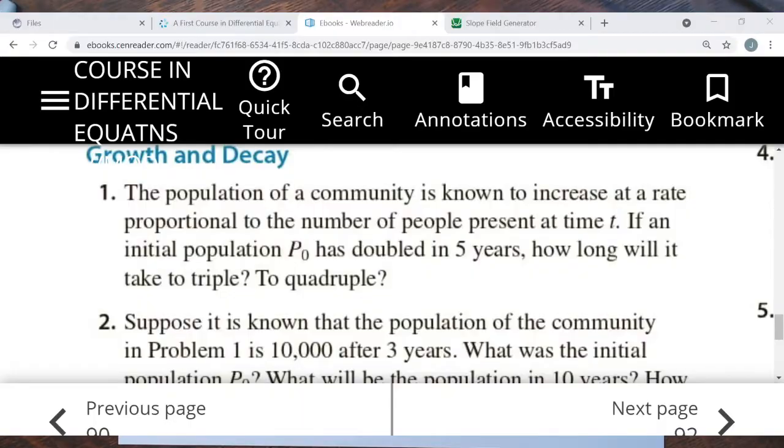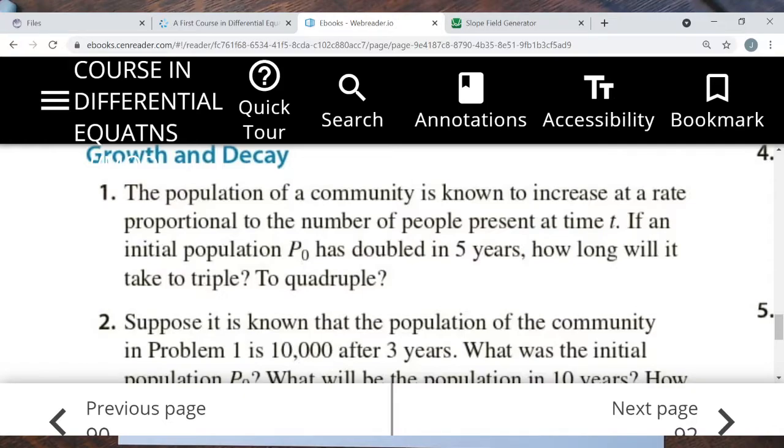All right, so pulling the problem back up, it says after that sentence, if an initial population p sub 0 has doubled in 5 years, how long will it take to triple, to quadruple? We're told that the initial population is some number, p sub 0.